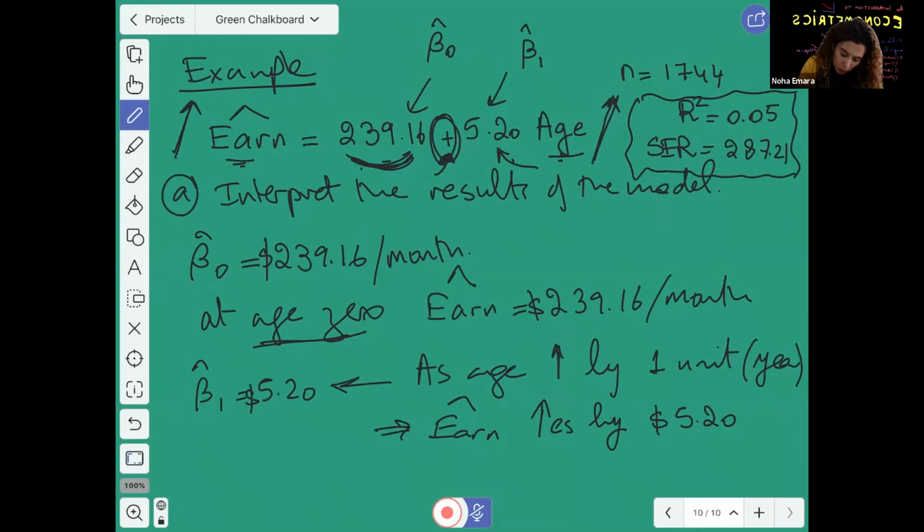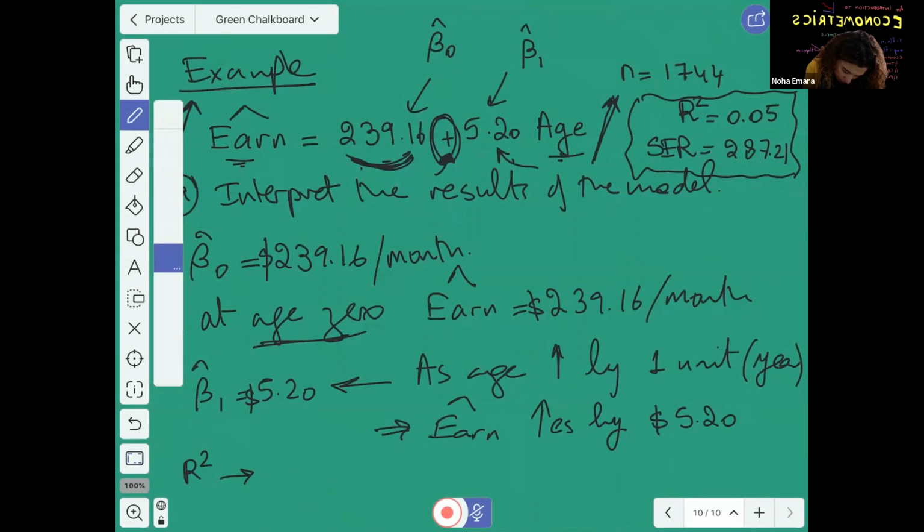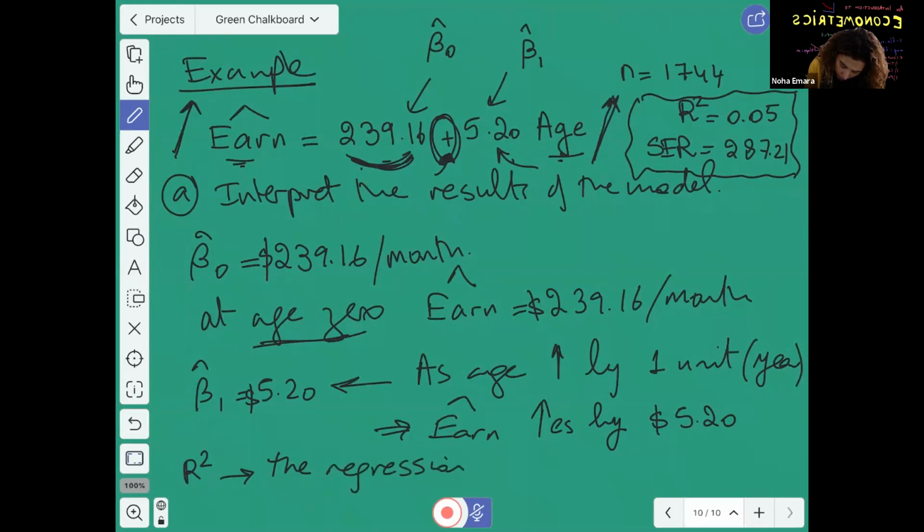For the R-square, it's about the explanation of the model. So the R-square is telling me that the regression model explains 5% of the variation in estimated earnings, or in earnings hat.